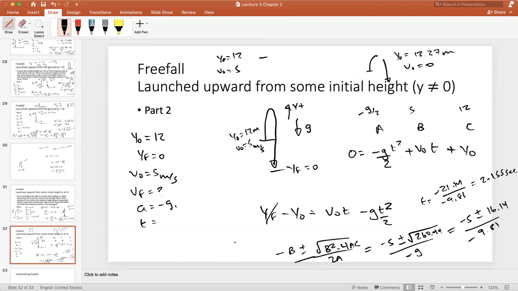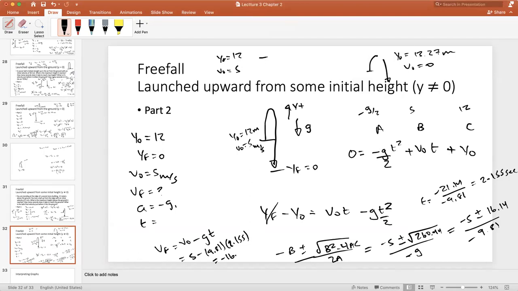And once I have that, I can use v final is v naught minus gt. So this is 5 minus 9.81 times 2.155. That is 9.81 times the answer, and 5 minus this answer. This is minus 16.4.